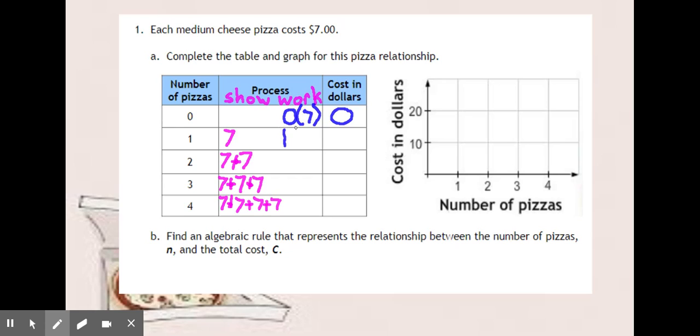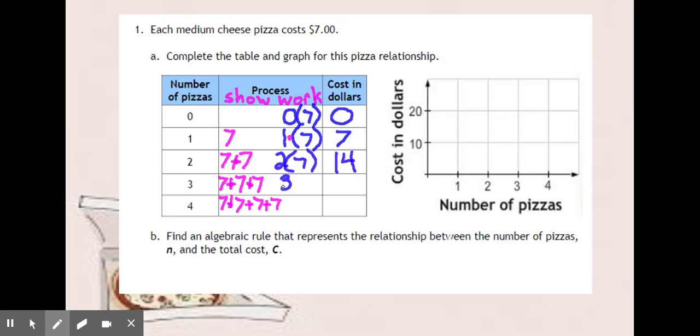We can do 1 pizza times $7 to get $7. Now, when you have a number right outside parentheses, that means multiplication. So there is a hidden multiplication sign there. Then we have 2 pizzas. So 2 pizzas times $7, we get $14.